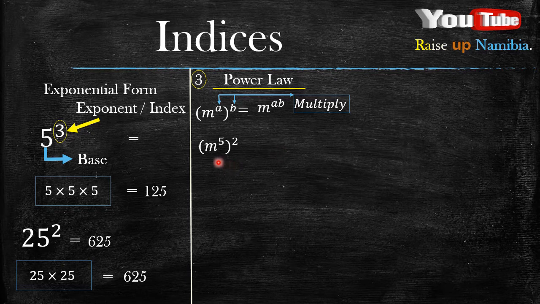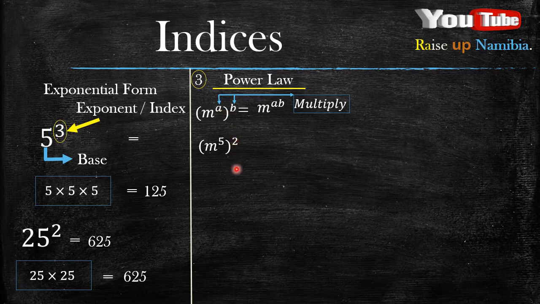Let's take an example of m raised to the power 5. Now remember, this m is the base, while the 5 is the exponent. And then again, it's raised to the power 2. So what do we do? Now the law states that you multiply b by a.